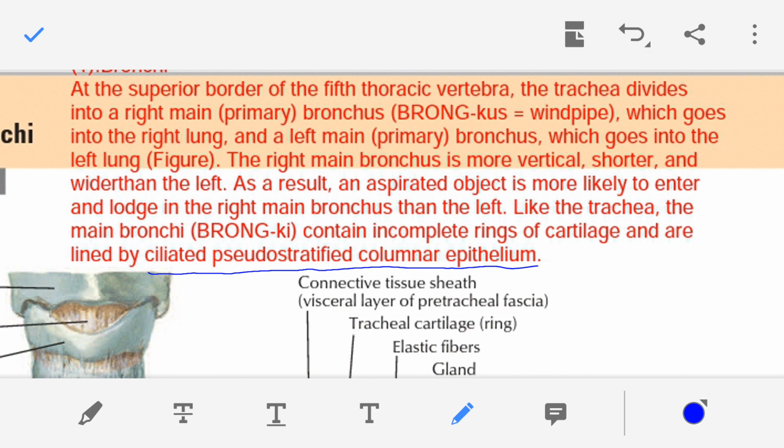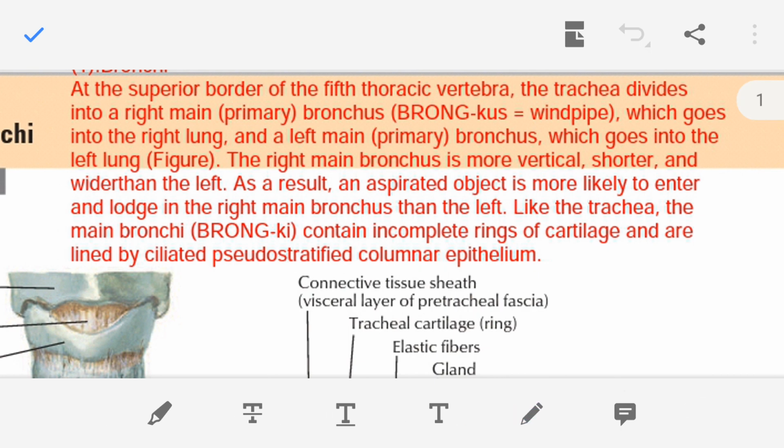So around the lumen, the epithelial cellular layer is present, and the cells present are ciliated pseudostratified columnar epithelial cells.